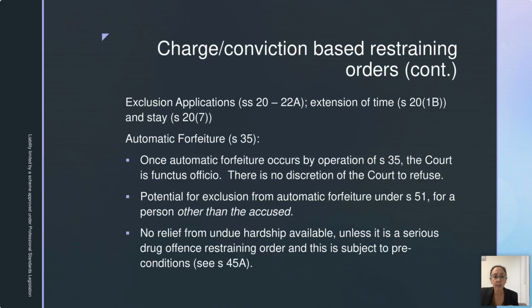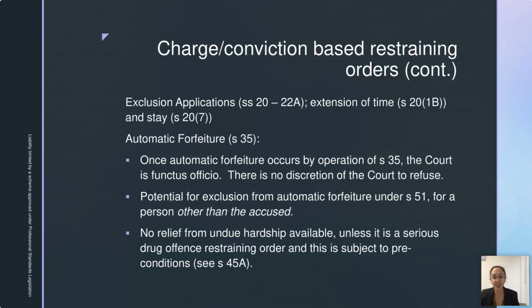Once there is automatic forfeiture of property to the state, the court is functus officio. It no longer has power to deal with the applications for exclusion. And it's at that point in time that you might look at other forms of relief, such as, and I've set out there, exclusion from automatic forfeiture.